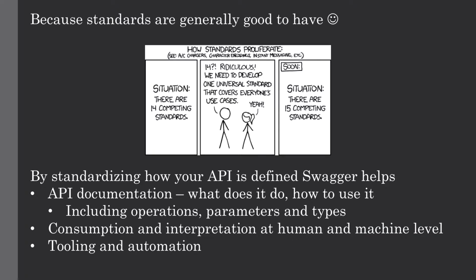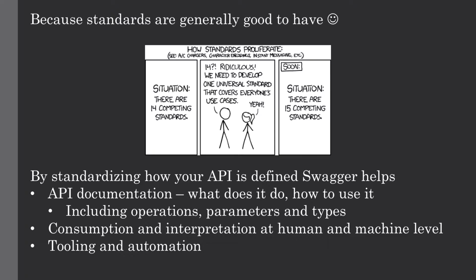By standardizing how your API is defined, Swagger actually helps do a few things. Like API documentation, right? Who wants to write that stuff by hand? It should be generated by machines. Do you really want to document what types, what parameters, how validations work? Also, consumption is important.